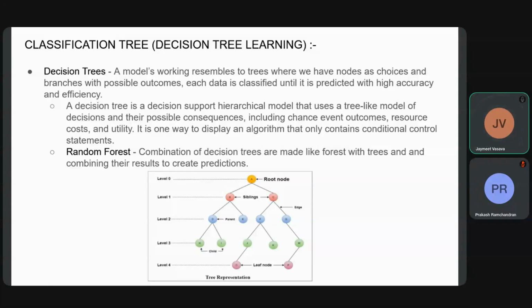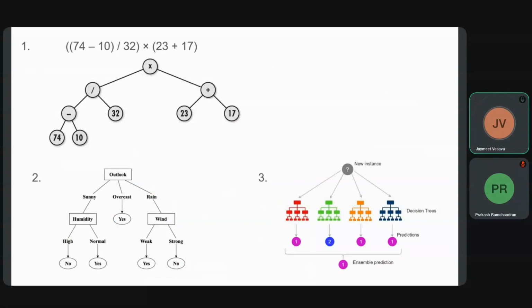That random forest can be used to make more accurate predictions, and a combined prediction is used as the result of the random forest. In this, we'll be only focusing on the decision tree, not random forest.